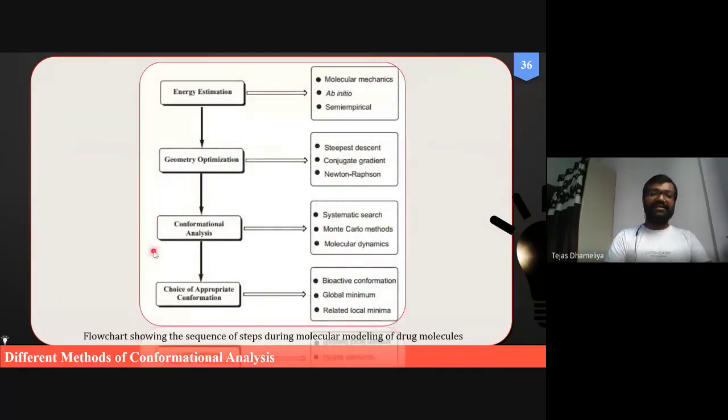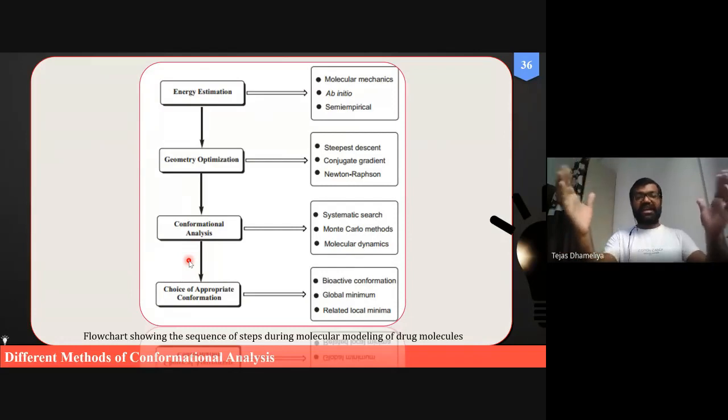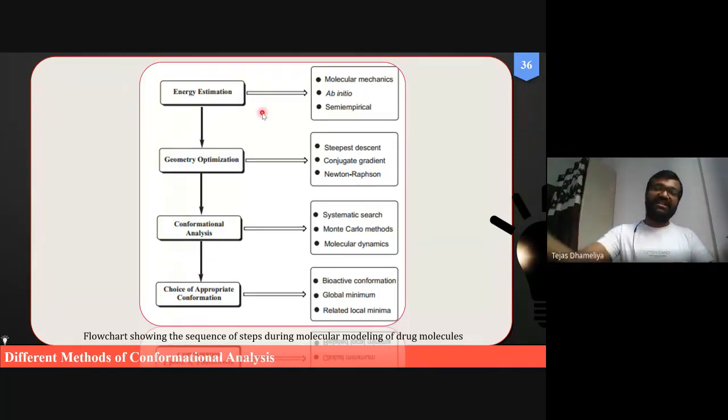Okay, and this is the final chart I want to show you, which reflects how we can convert a big molecule having highest energy, and what other protocols can be adopted to reach a conformer having minimum energy. In the last class, I tried to show you different conformers of the same molecule.